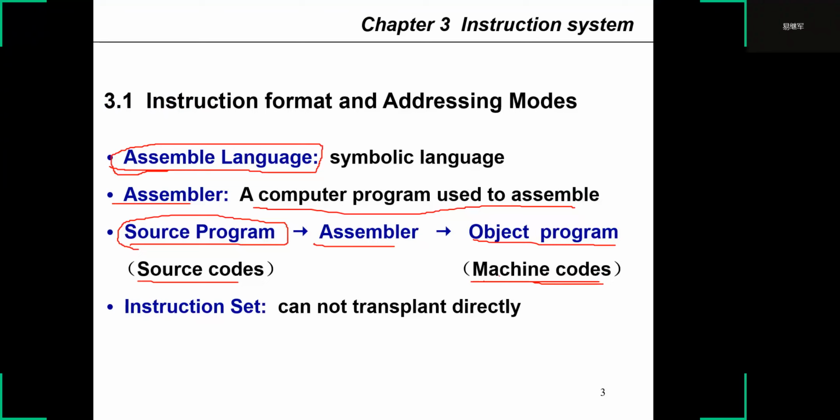So they are harder to remember. So we use assembly language, a symbolic language, to make a program. If we want to use assembly language, we need to remember the instruction set.